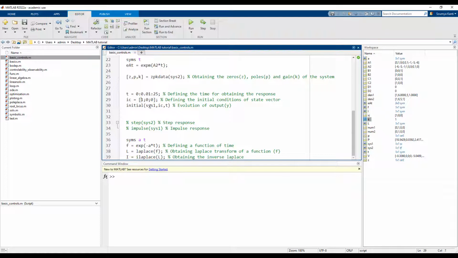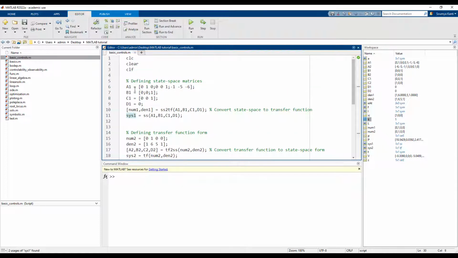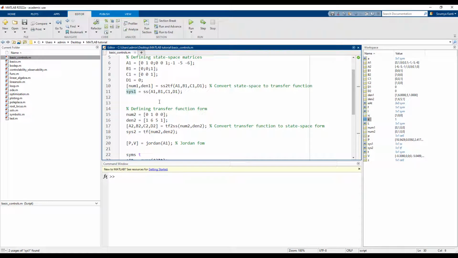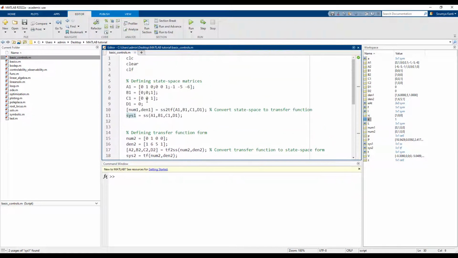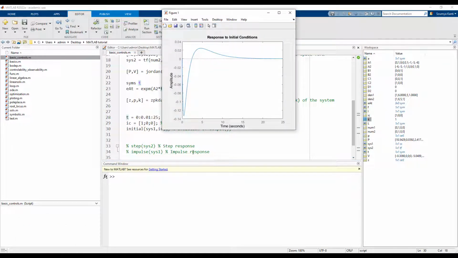I'm using system 1, which was the state space form of that one, right? You can see that C is 0 0 1, so actually x3 is equal to y, but I am giving initial condition only to x1, others are 0. You provide the initial condition and the time, and it will simulate it, and this is how it looks. It starts from 0, and this is how it behaves.